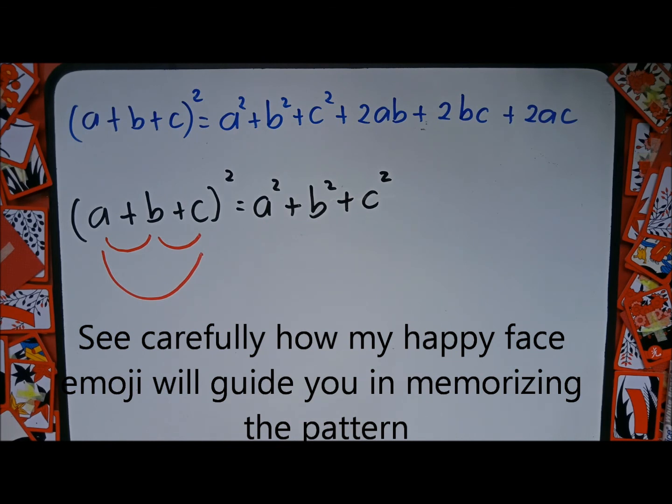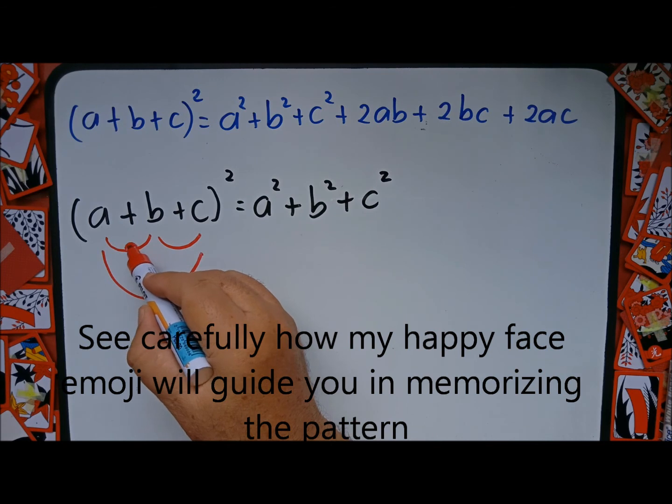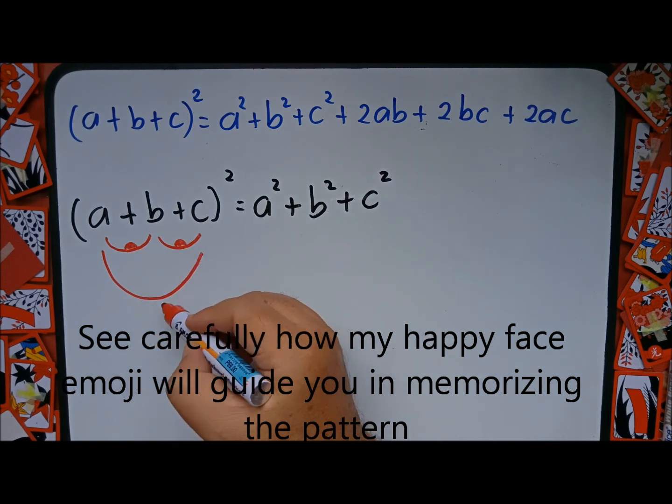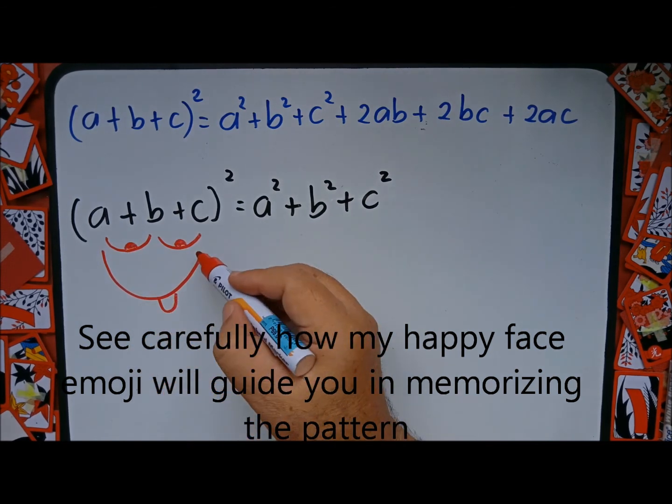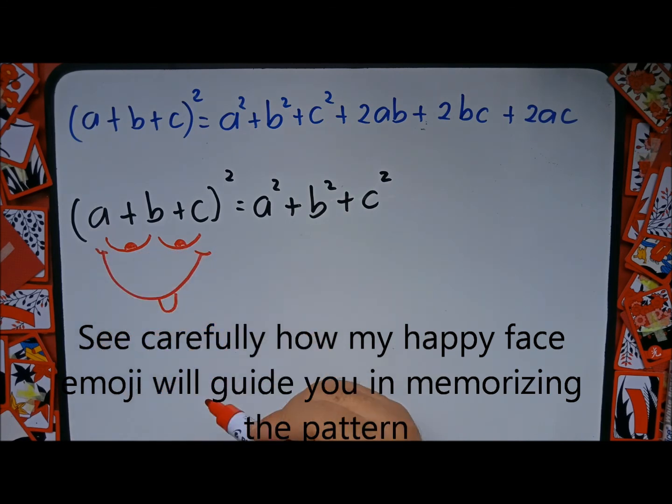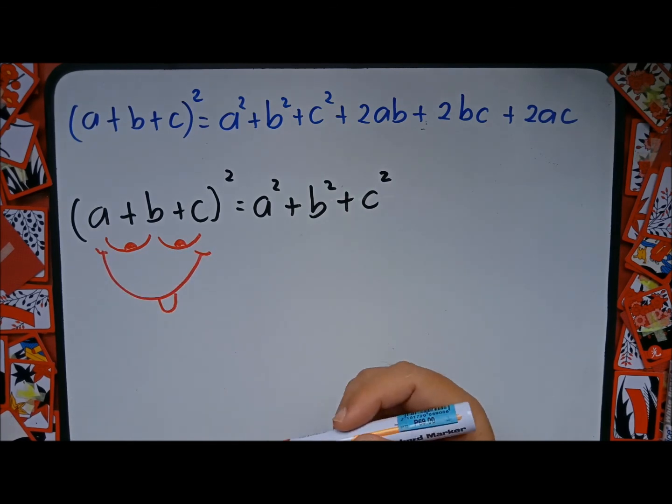So it will be easy for me to memorize. Usually I put something like this, then something like that, so it would be easy for my students to memorize the formula.